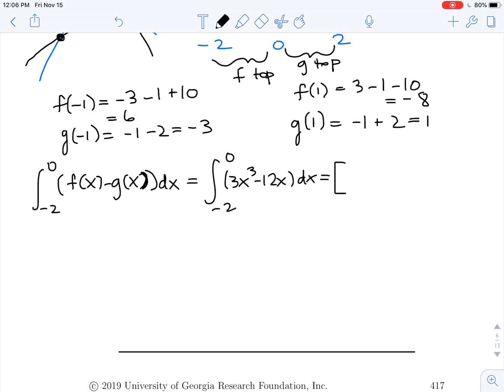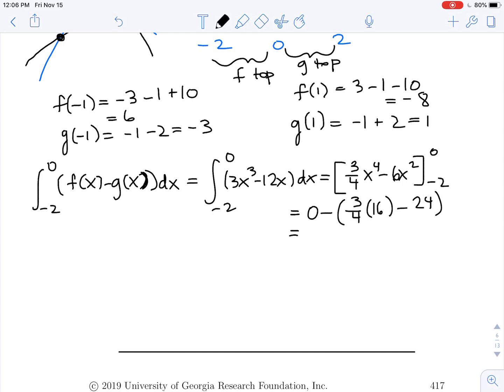When I anti-differentiate, I get 3/4 x to the 4th minus 6x squared, evaluated at 0 and -2. So get 0 minus, and then 3/4 times -2 raised to the 4th power is 12, minus 6 times 4 is 24. That works out to be -12 minus 24... which works out to be 12.